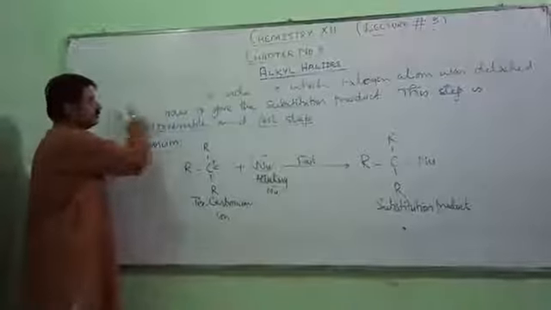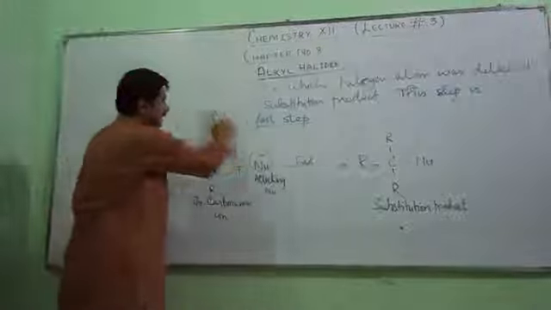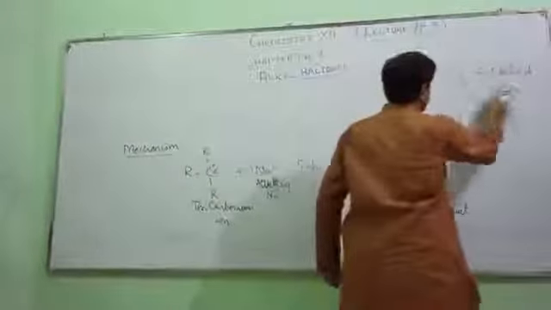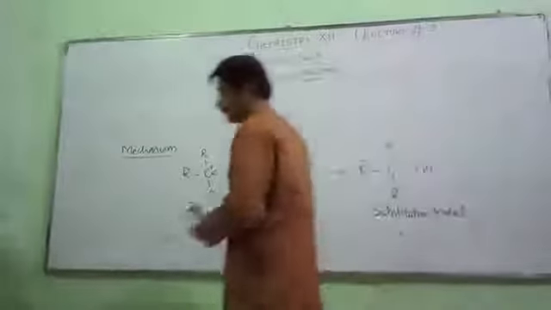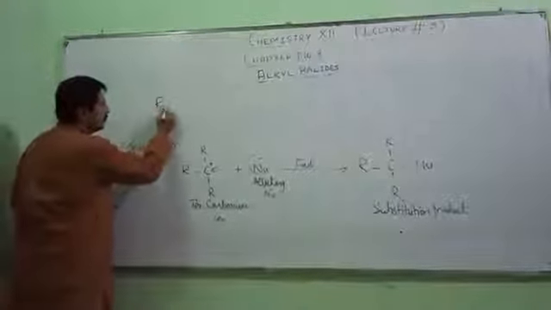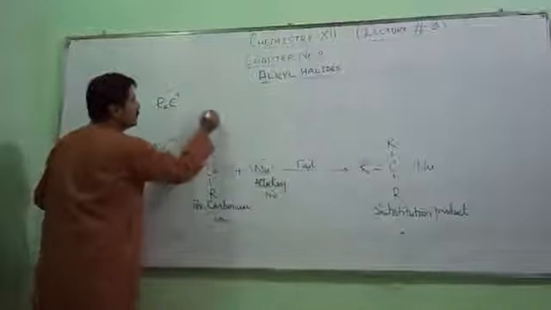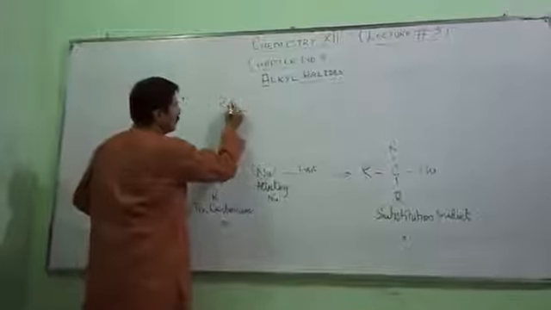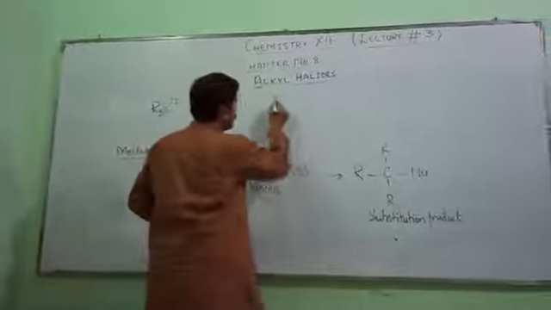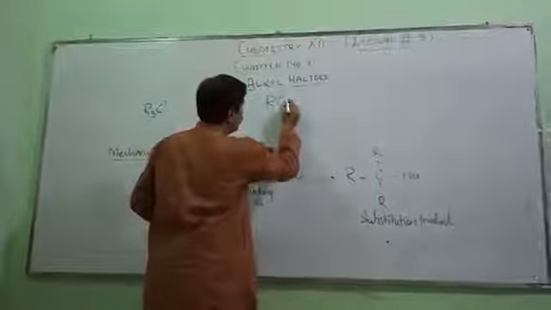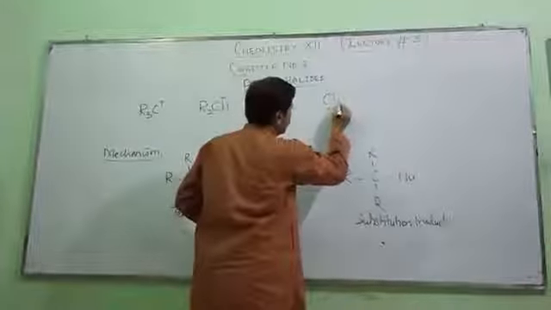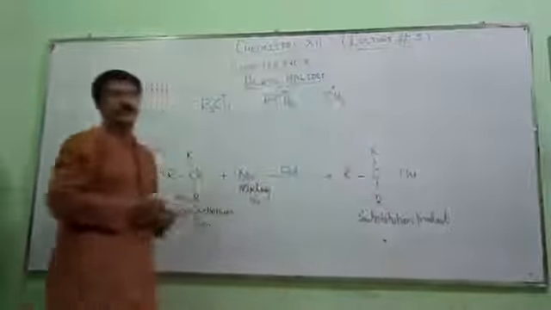Dear students, the carbocations, which I am calling the carbonium ions, are of 4 types. The tertiary carbonium ion, the secondary carbonium ion, the primary carbonium ion, and a simple methyl group carbonium ion.